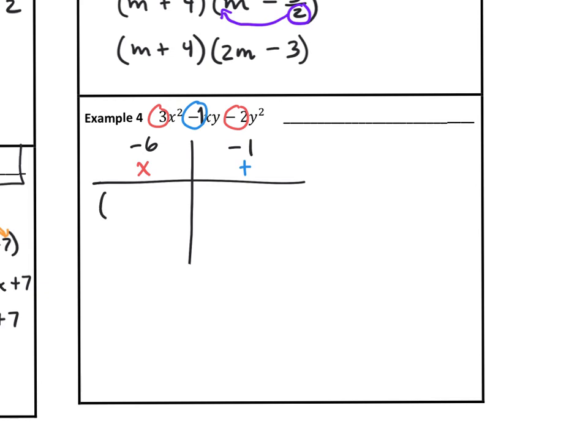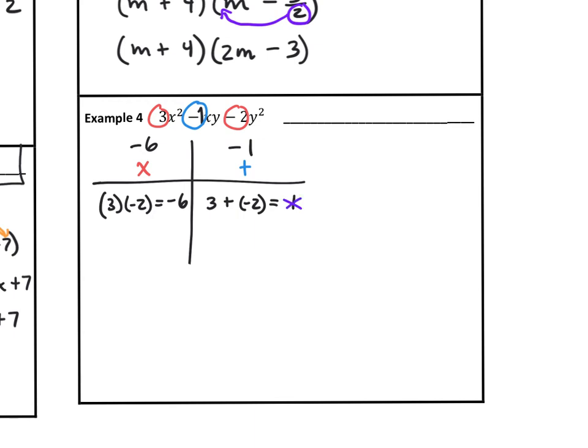Okay. So let's try that combo that we got in the beginning. So it was 3 times negative 2 is negative 6. What's 3 plus negative 2? And that gives us a 1, but we don't want a 1, right? We want a negative 1.